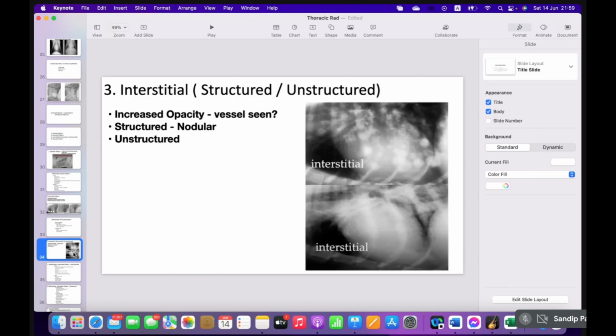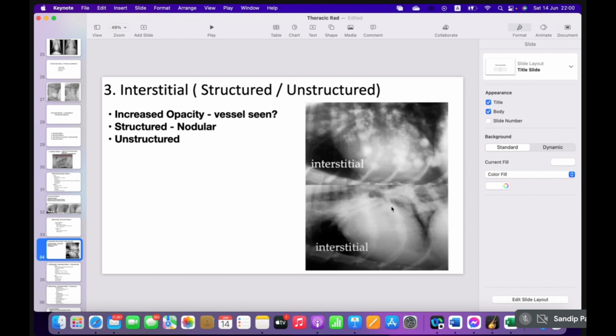So normally we say structured and unstructured. Actually it is again the same as the alveolar pattern. It is an increase in opacity. If we don't know what pattern, we can say increased opacity of the parenchyma. That may be any pattern.